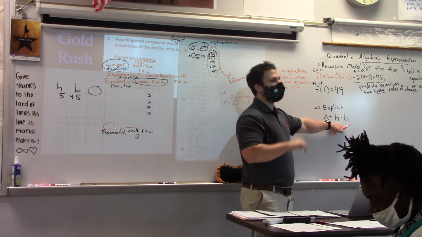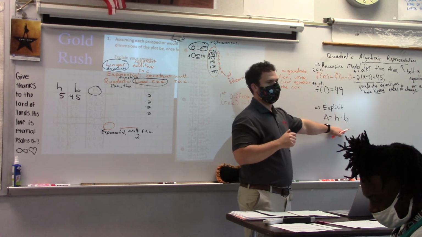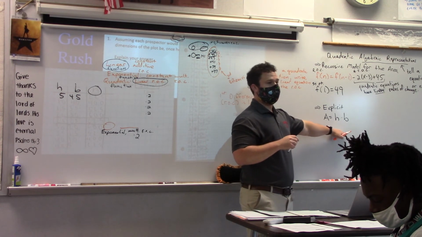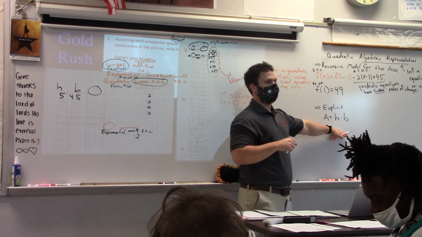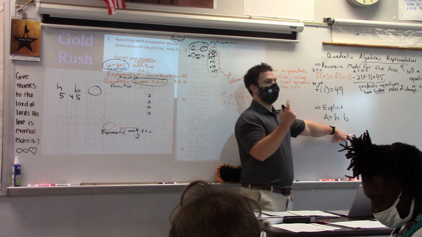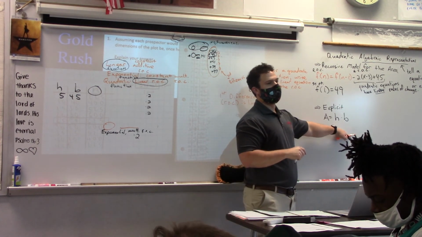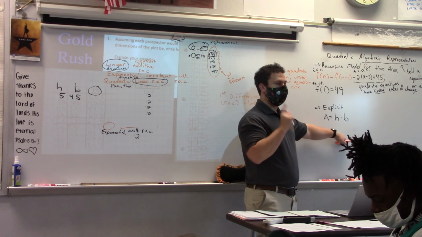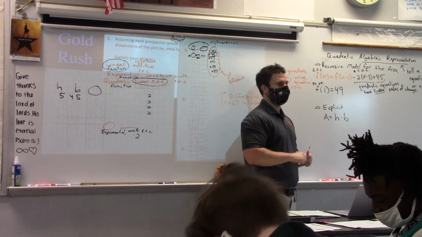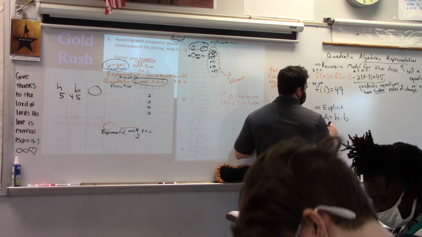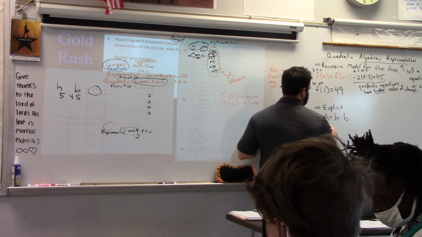However, how many independent variables do I now have? 2. Can you type that into any calculator to graph it? CJ, have we ever done 2 different variables, h and b? You can't do 2 variables like that. You have to rewrite it in terms of 1 variable. A is my output, so I'm going to say f of x.